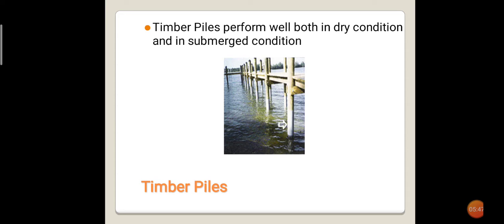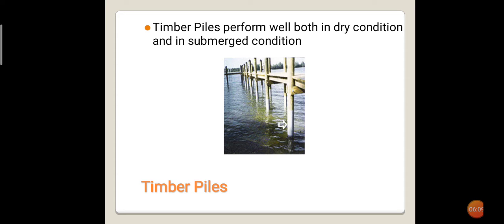Here we are using a timber pile. It is made up of the trunk of a tree. Normally we use babul, deodar and teak. These kinds of Indian timbers are used as a primary source for these types of piles.